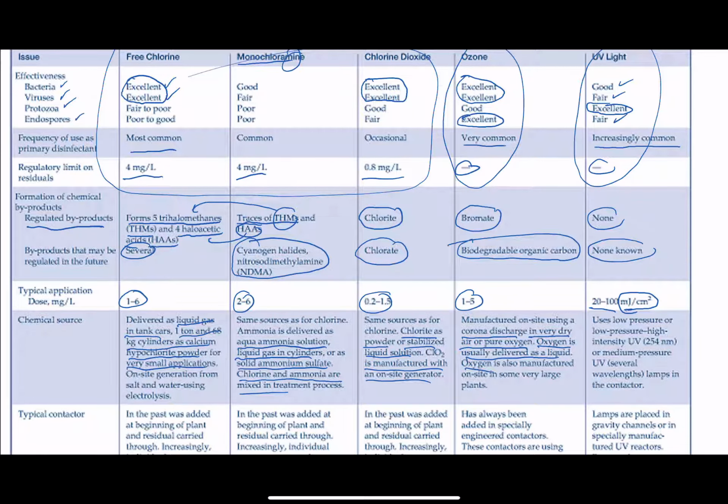Oxygen is also manufactured on-site in some very large plants. UV light uses low pressure high intensity UV at 254 nanometer or medium pressure UV several wavelength lamps inside the tank or inside the contactor of disinfection. Now let's look at the tank or the contactors for each one of them.